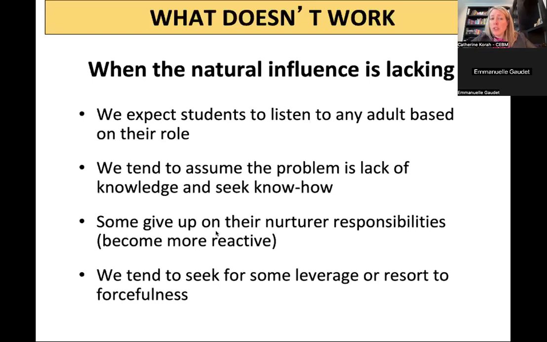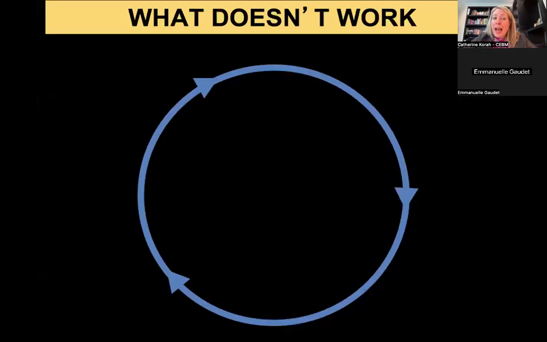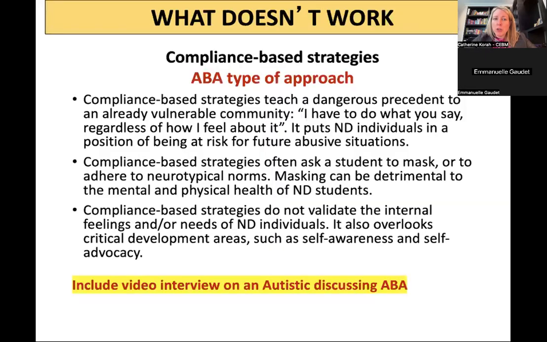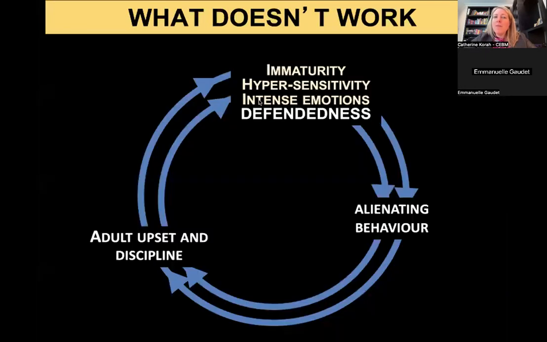And so sometimes, unfortunately, we may ourselves shut down a little bit our sense of empathy towards that child, and our nurturing responsibility may lessen, where we are trying to seek leverage or forcefulness in order to get the student to do what we want them to do. And the danger with that is that it becomes a vicious circle. Given the hypersensitivity and the defendedness and the high intense emotions and the immaturity, this makes way from time to time for behavior that may be alienating to us.